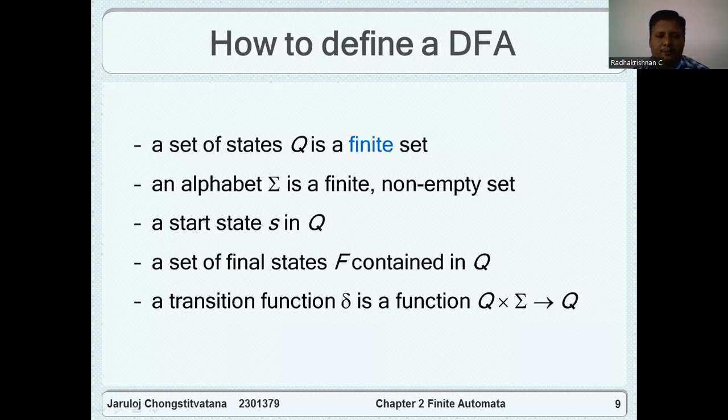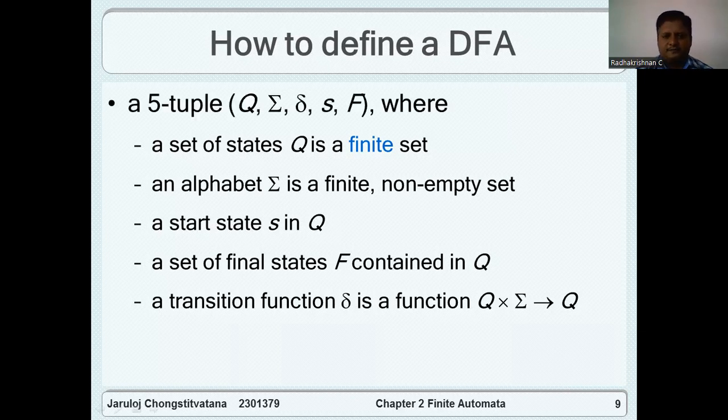One more important point: a DFA has exactly one next state for each and every transition. That is, the mapping function of state comma input gives exactly one state as output. That is why the automata is called a deterministic finite automata.